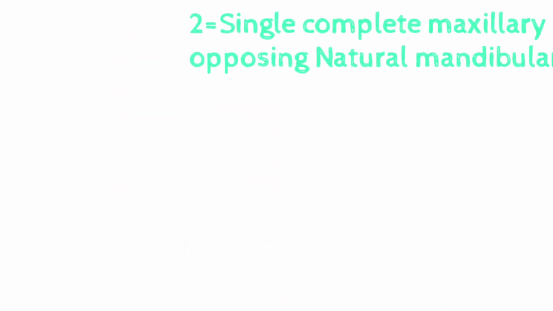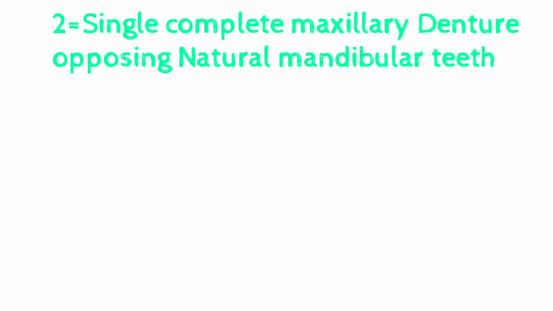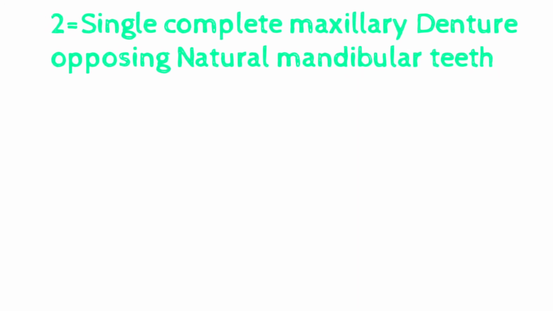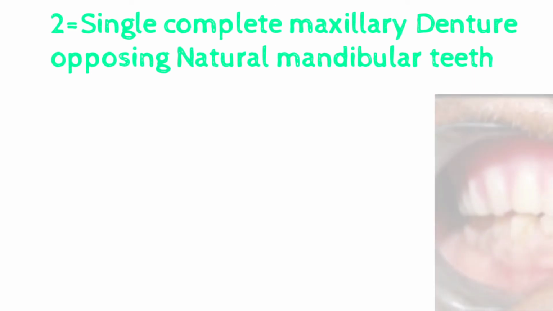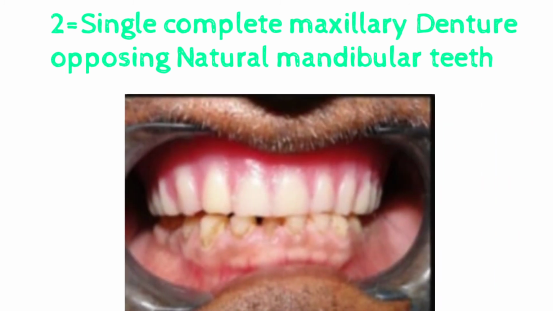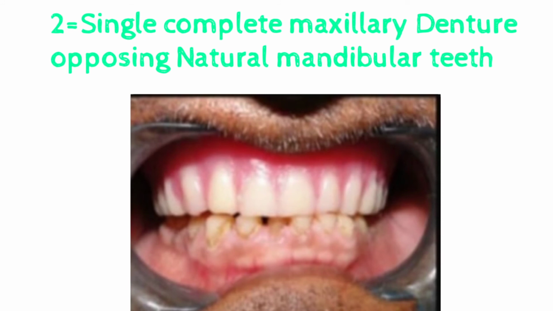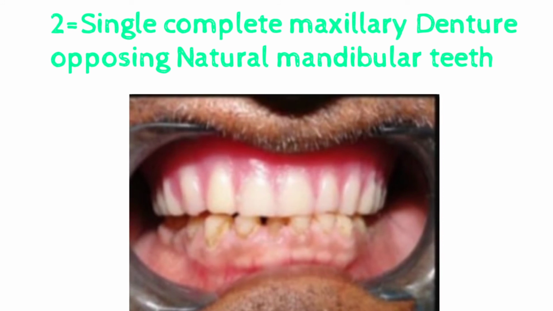Now come to the second type. Second type is the opposite of first type: single complete maxillary denture opposing natural mandibular teeth. Here the natural teeth are present in mandible, but the single complete denture we give in maxilla. This is the second type. Now after this, come to the third.